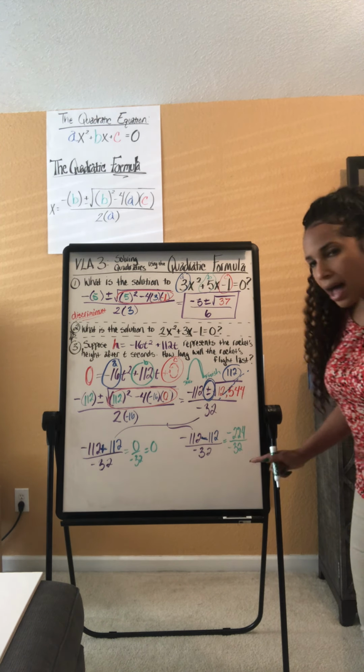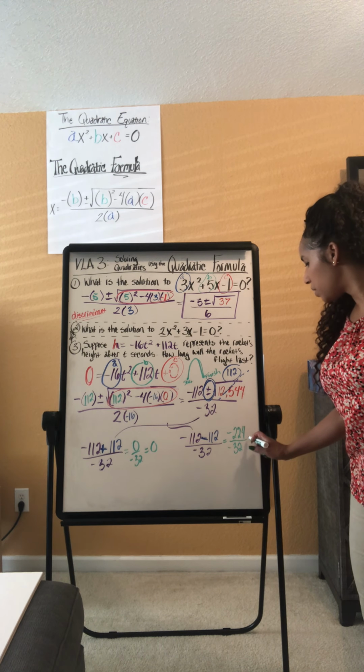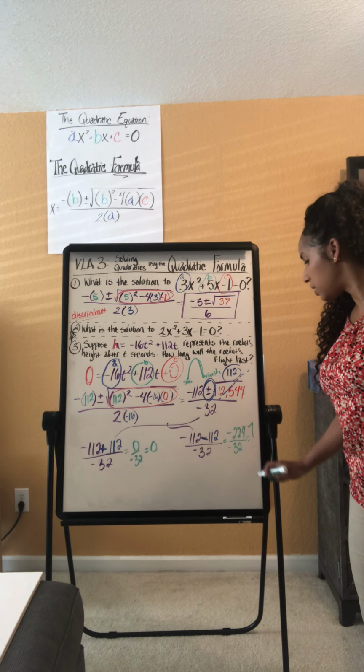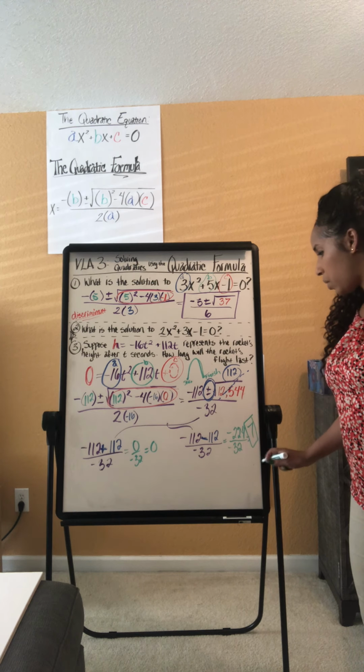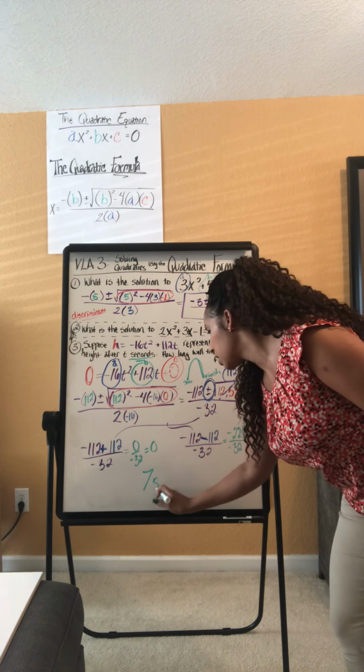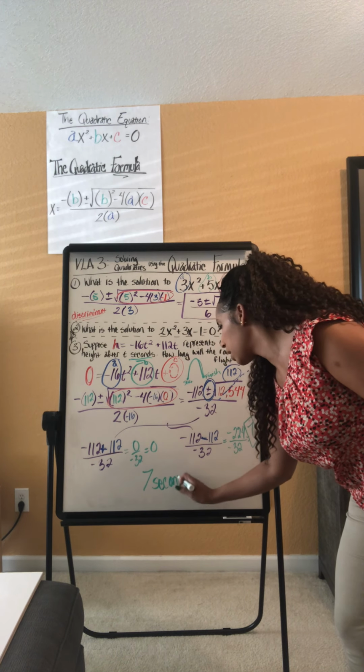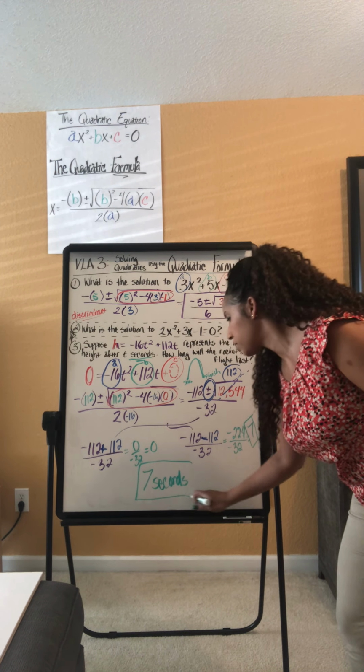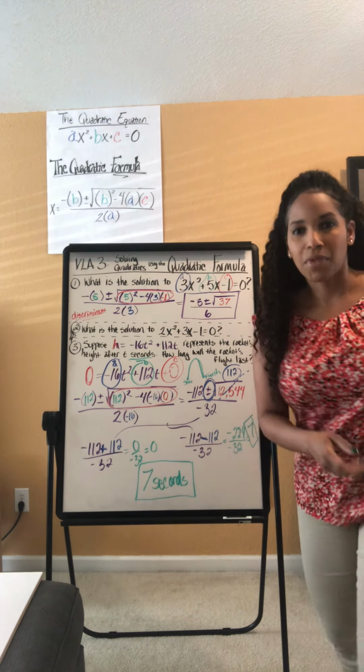And when I divide negative 224 by negative 32, my answer will be a positive 7. That's the answer we want. It will take 7, and t was in seconds. 7 seconds before it hits the ground again. Woo! Word problems.